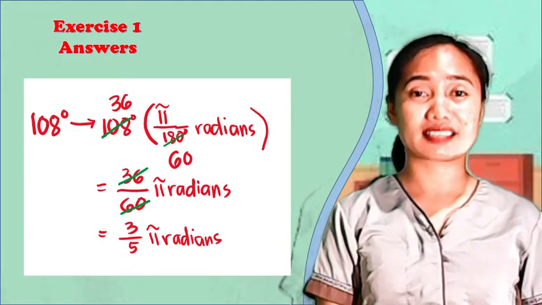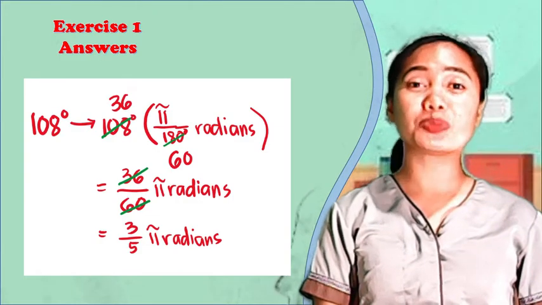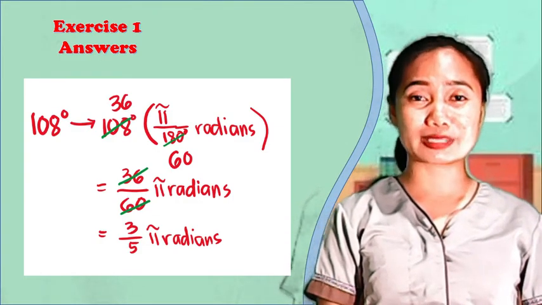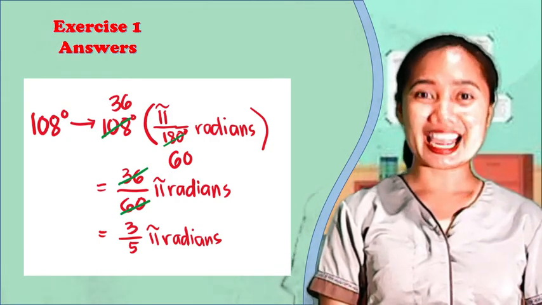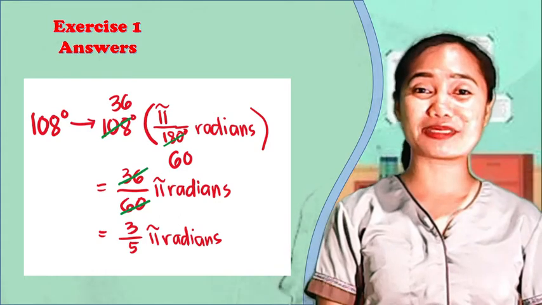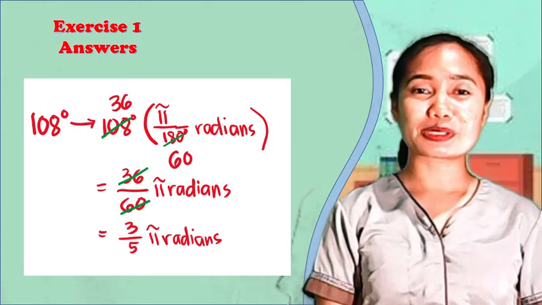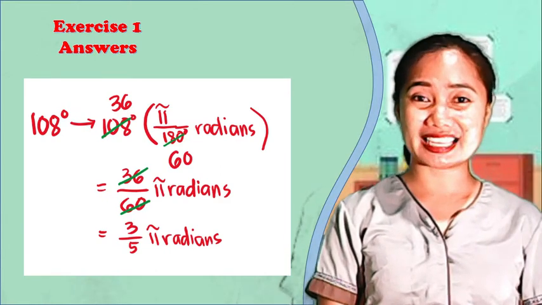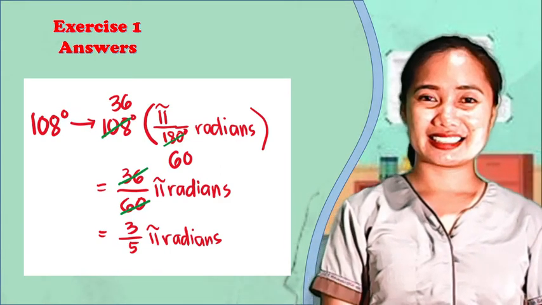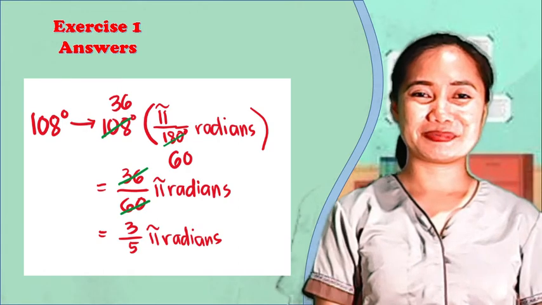So we get 36 over 60, which still can be reduced into lowest term. 36 divided by 12 is 3, and 60 divided by 12 is 5. So the answer would be 3/5 pi radians. That's very easy. If you don't get it, you can again review and rewatch this video.